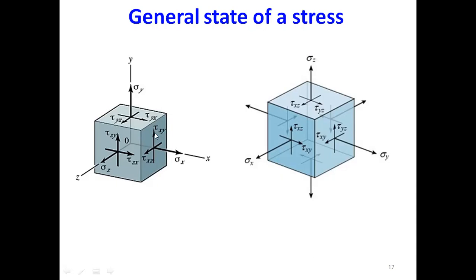You could also see the shear stresses, tau xy. In tau xy, the first subscript represents the normal of the area. If you look at this face, the normal of this face is along the x-axis, so tau x, and the force, or the stress, is along the y-axis. So this is tau xy.